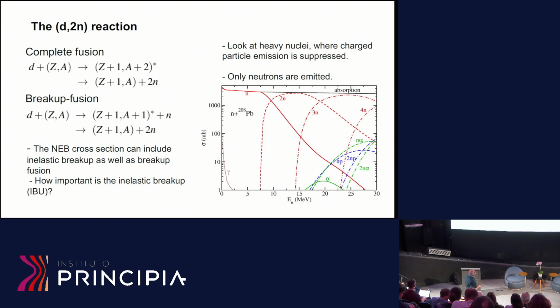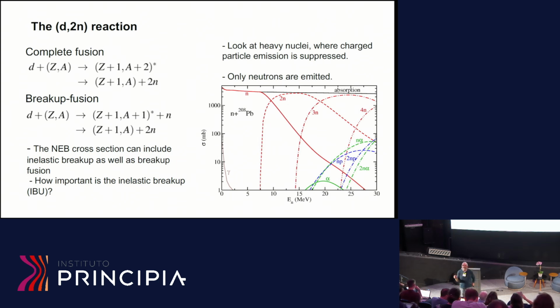Here I have an example of a neutron plus 208Pb. So this is a compound nucleus without too much angular momentum. This wouldn't be the case if you had a heavy ion on lead. But for a neutron on lead, you see that at low energies, you have pure neutron absorption, and then this begins to decrease at the threshold for 2 neutron emission, which decreases at the threshold for 3 neutron emission, etc., until you get up to a fairly high number of neutrons, with the charged particle emission being suppressed by over 2 orders of magnitude.